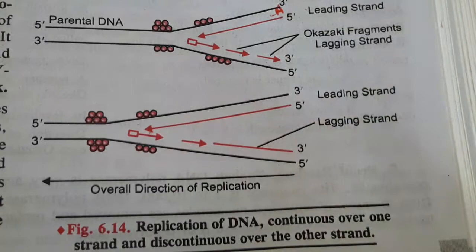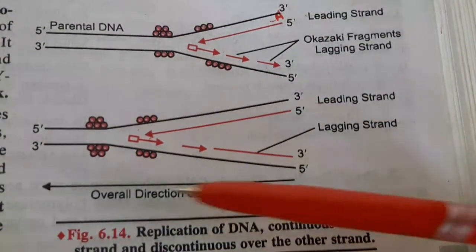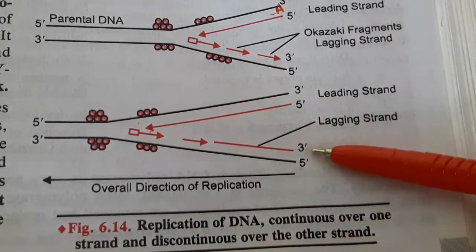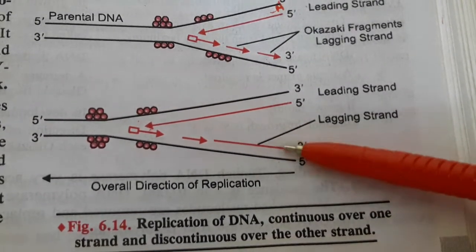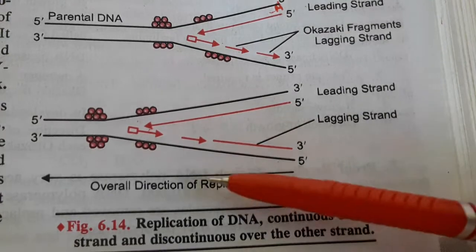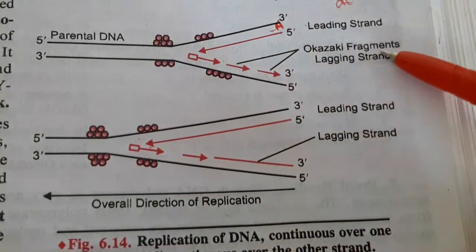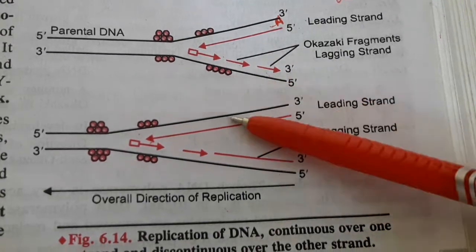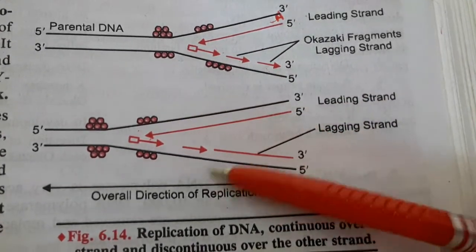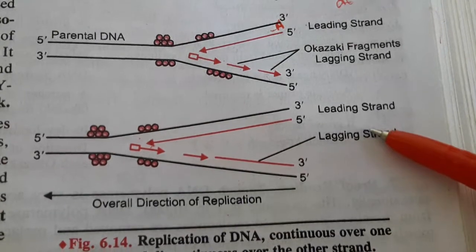That means RNA primer is being continuously provided, and this synthesis continues till here. As it takes place in small fragments, the fragments are known as the Okazaki fragments. Later these fragments are joined with the help of the enzyme ligase, and this strand is known as the lagging strand.